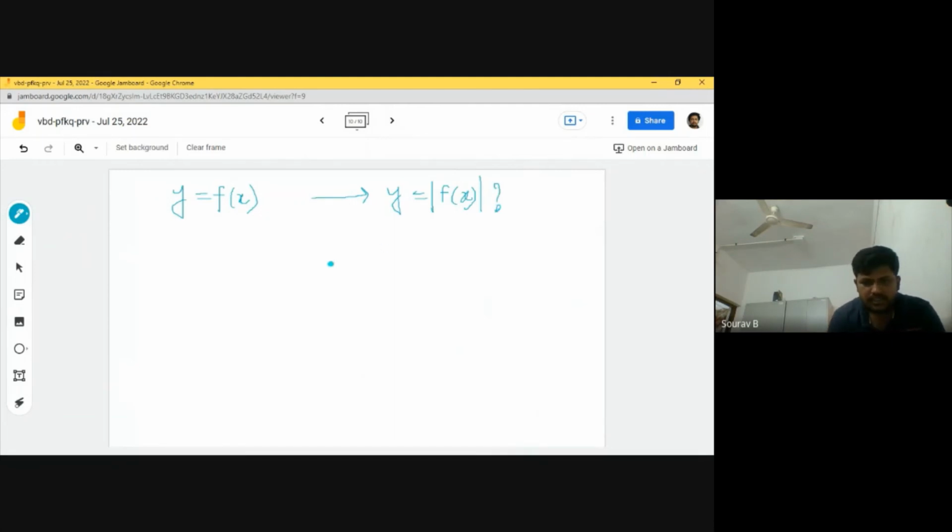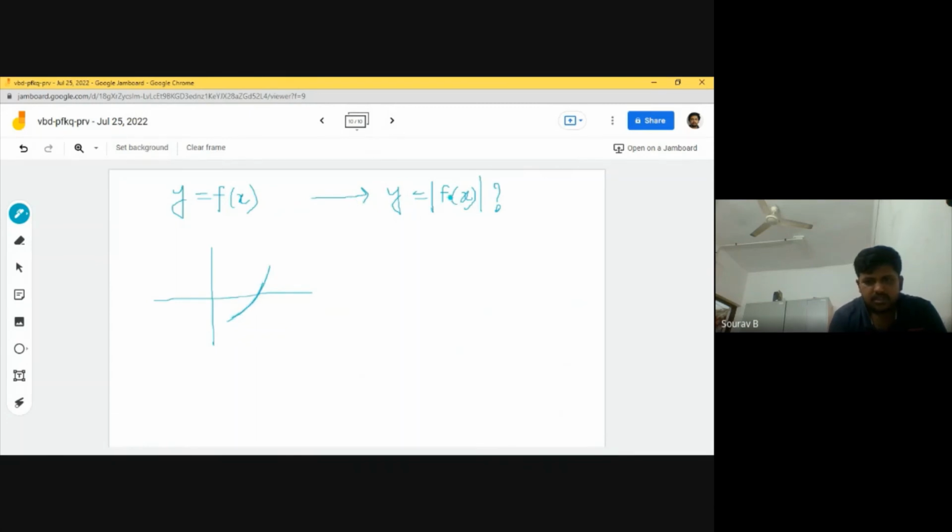So in that case, what you will do? Let's see. Suppose this is a function y equal to f(x).